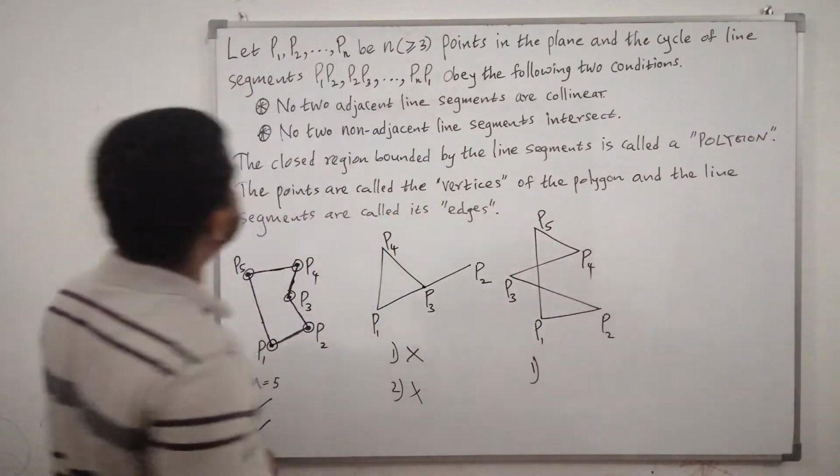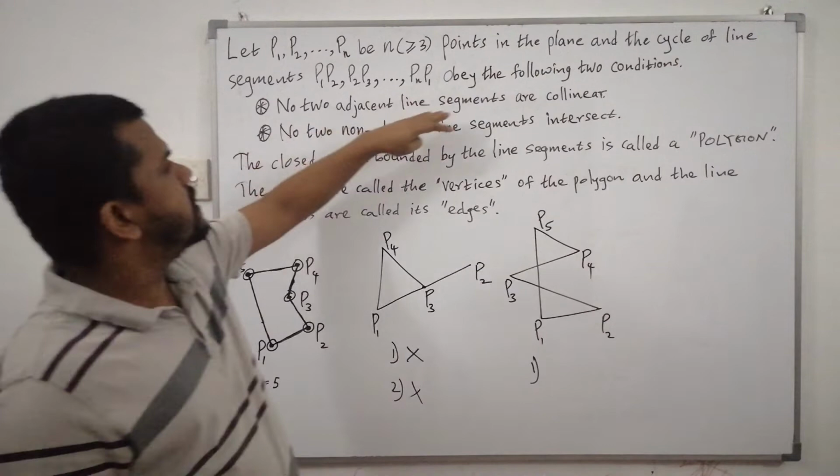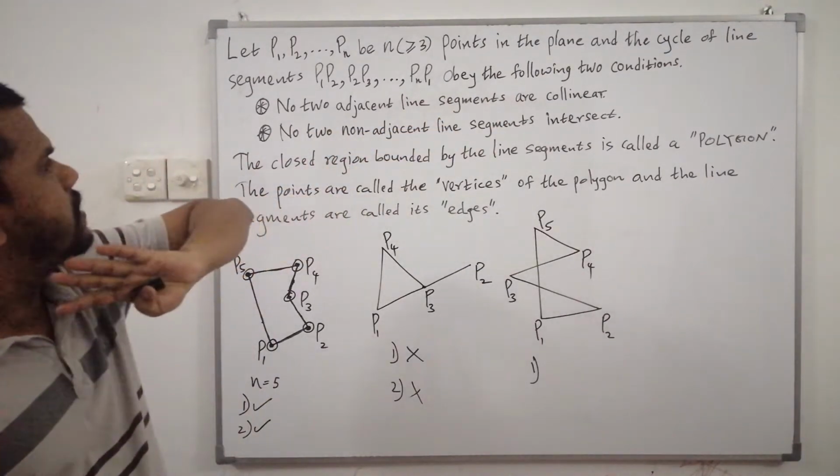First condition, no two adjacent line segments are collinear.